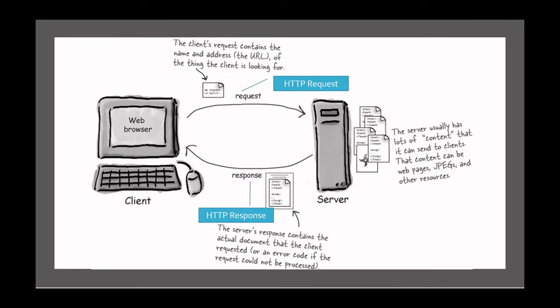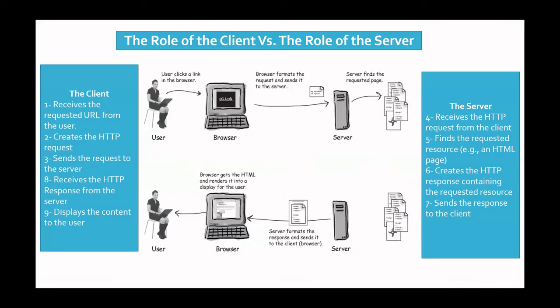So a request that follows the HTTP protocol is called an HTTP request. And the response that follows the HTTP protocol is called an HTTP response. Okay? Now, there are several steps, actually, and if we look more closely into the details, let me just move this out of the way.